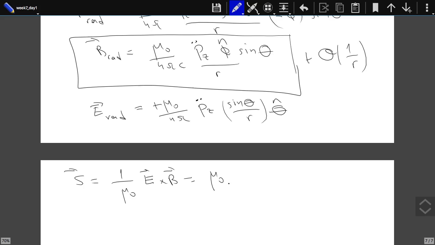It is mu0, 1 over 4 pi squared, and sine theta over r squared, pz double dot squared, and we also have a factor 1 over c, and theta hat cross phi hat will be just r hat.